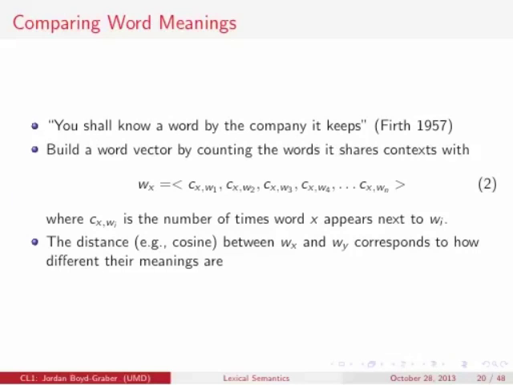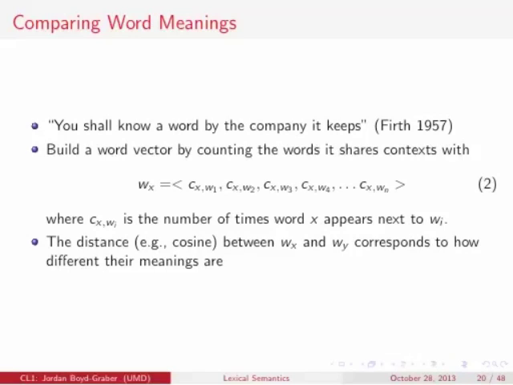What if you wanted to measure how similar the meaning of one word is with another word? The way to do this is to build a word vector containing the words it shares context with. So you have this vector for word X, and in each of the positions, you take every other word in your vocabulary and you count up how many times word X appears with this other word. And so now you have this big vector.